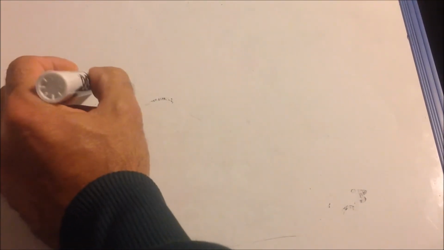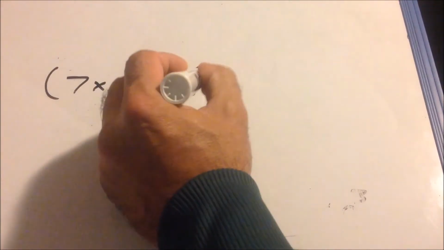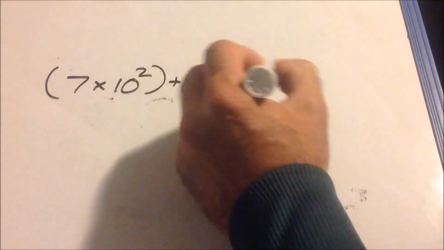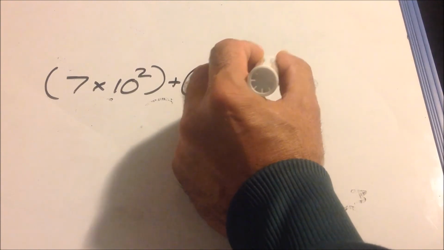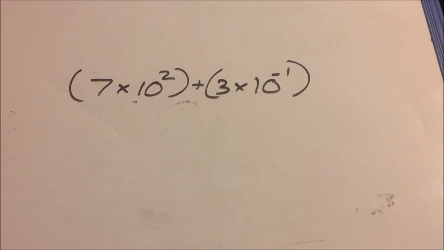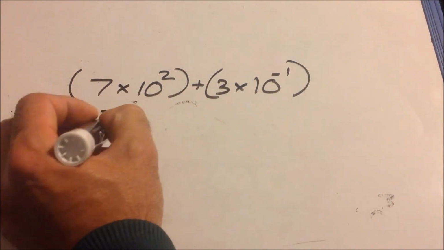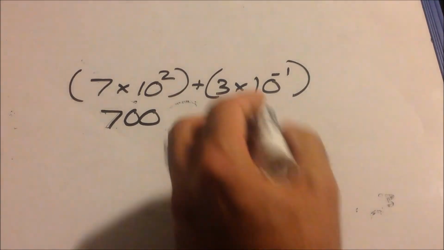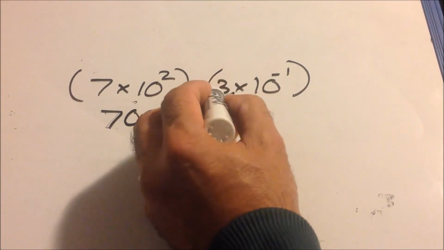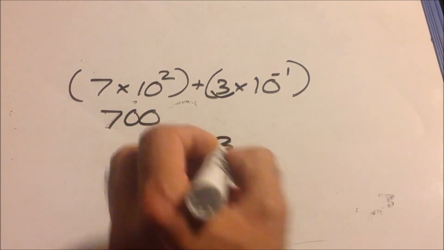What if we had 7 times 10 to the second power plus 3 times 10 to the negative first power? Try that. Well, here it's telling you to move the decimal twice, so that's 700. And here it's telling you to move back 1, so it's 0.3. So it's 700.3.